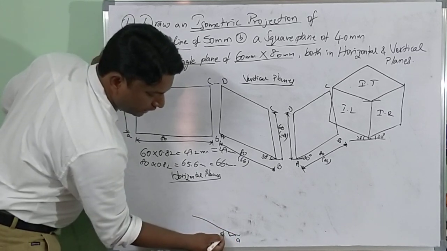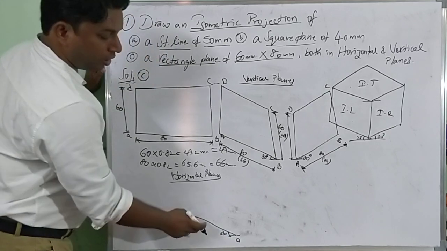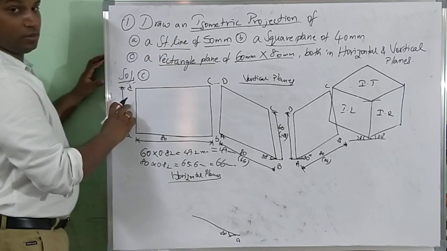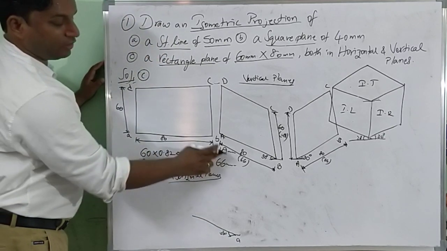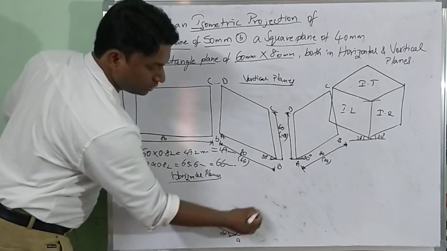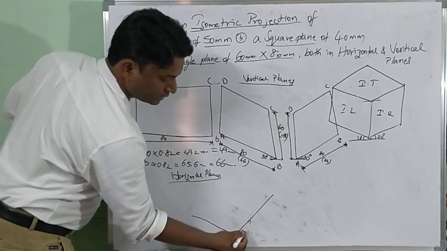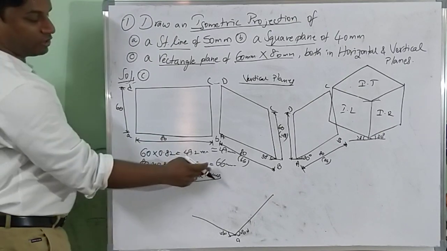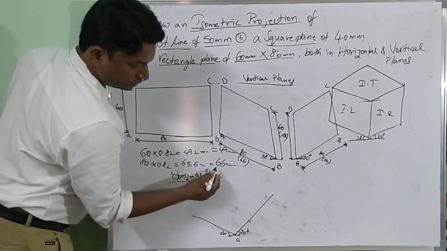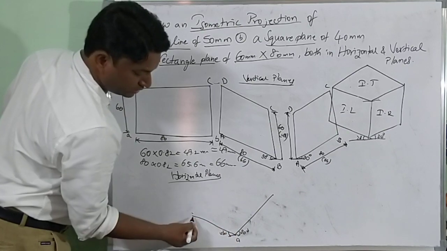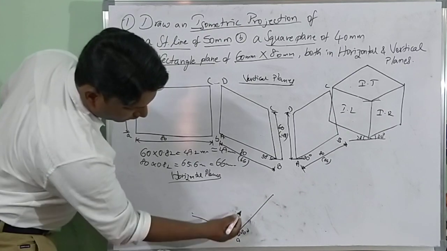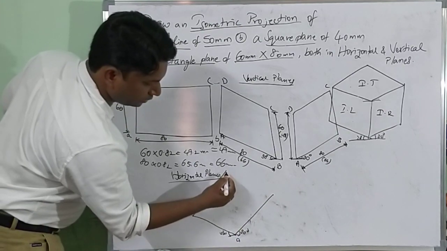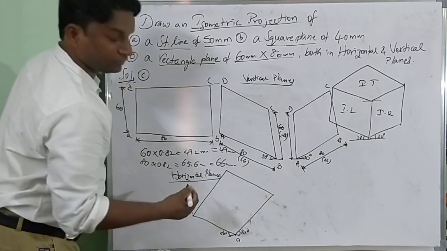Right? Now starting with A point, I am doing. Draw a 30 degrees line of what length? 60. That dimension should be 49. Now here again a 30 degrees line towards the right side. 80 mm length we are supposed to draw, 66. Now here say 30, right? Try to draw a parallel line. Close it.